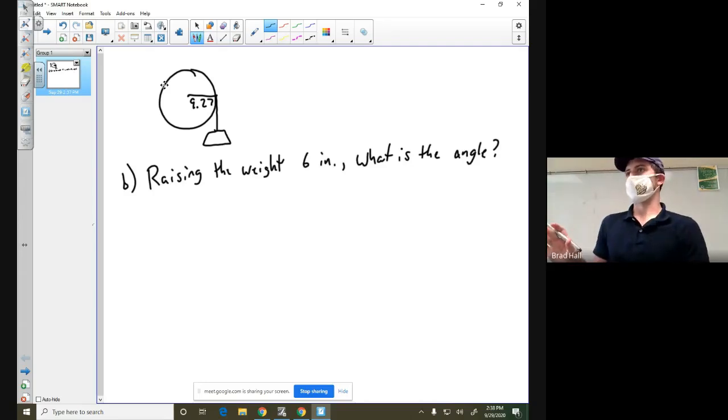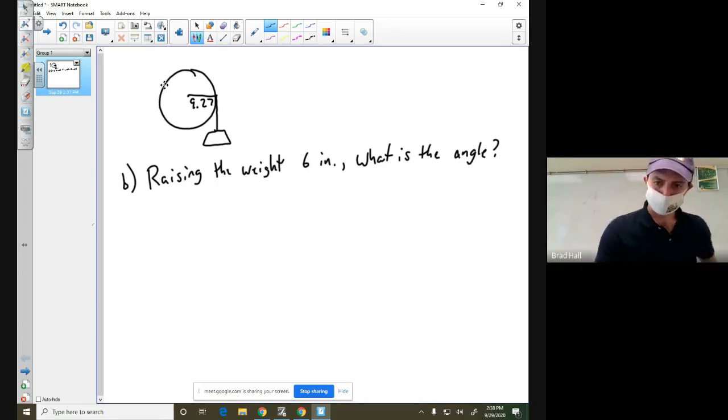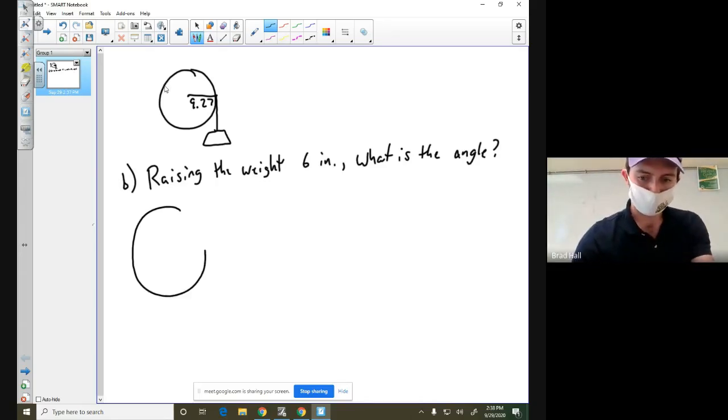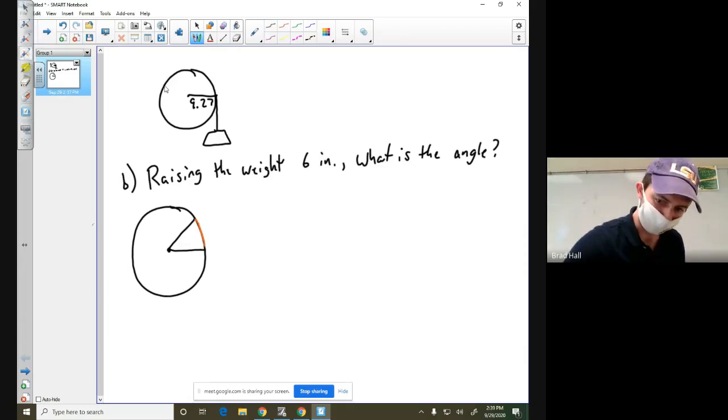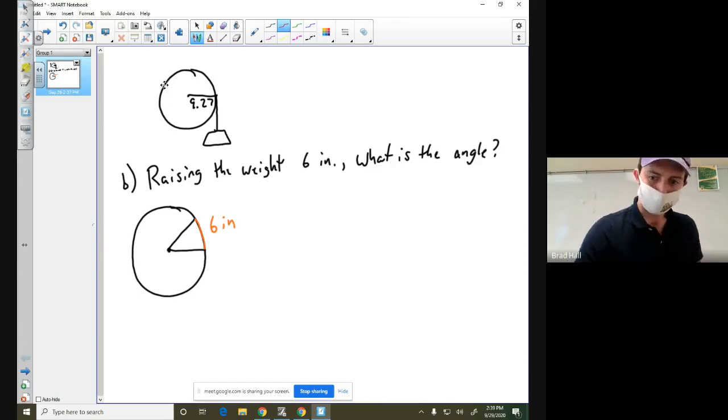So this is independent of part A, so we're not going to use any of the results from part A. So part B here, the diagram we are looking at. They're already telling us the arc length. They tell us this part. They want us to find the angle, and we already know the radius.